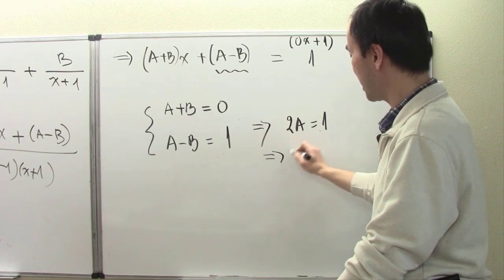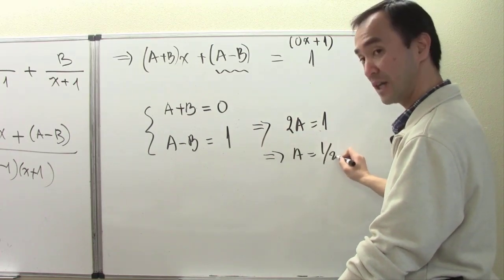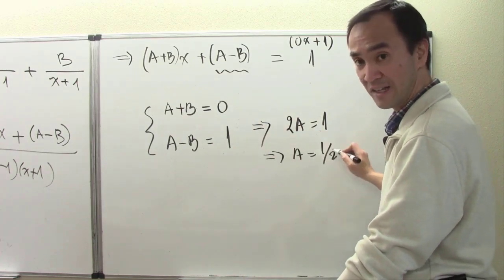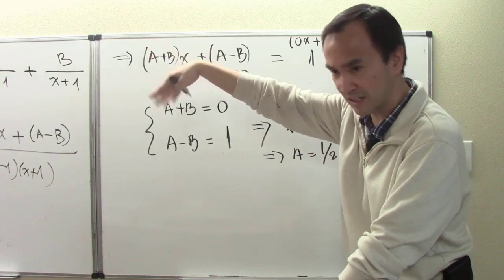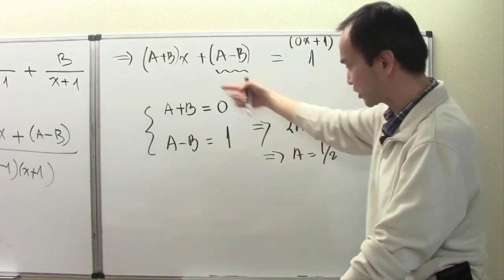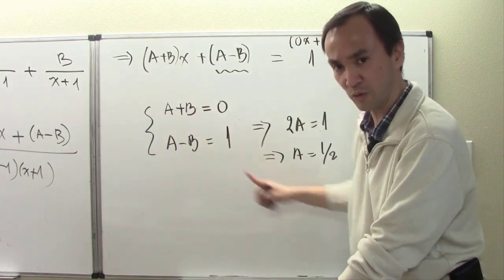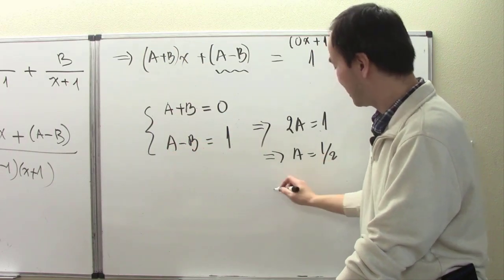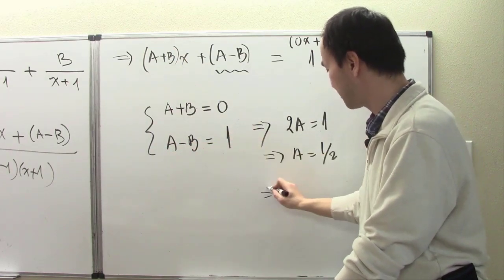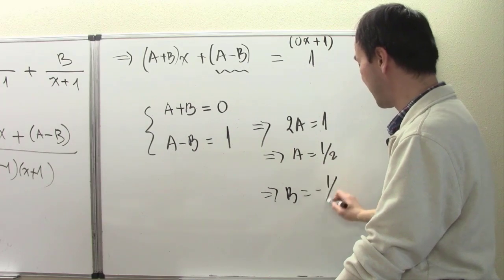That leads to a equals a half. It does change the value for a. It doesn't have to be 2 at the beginning, it can be whatever, but the solving work is a technique that will change your a and b values. From that you can easily find that b equals negative 1/2.